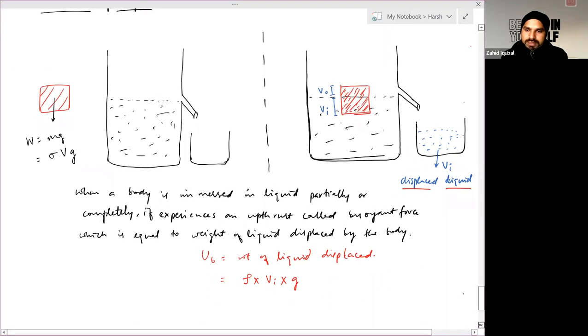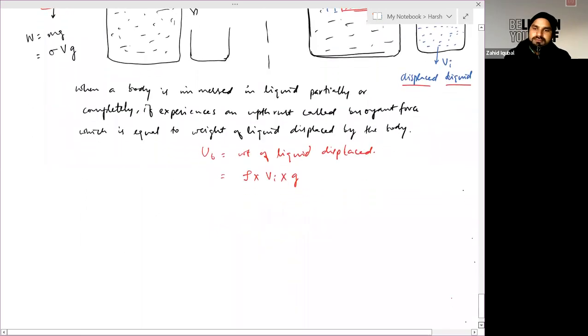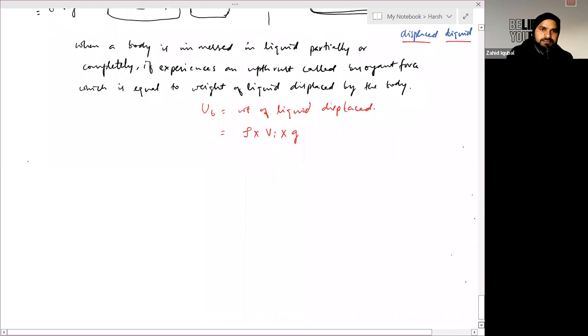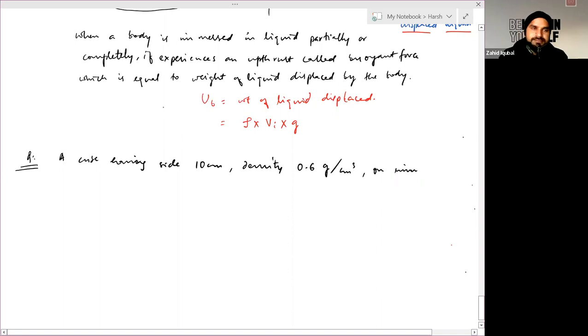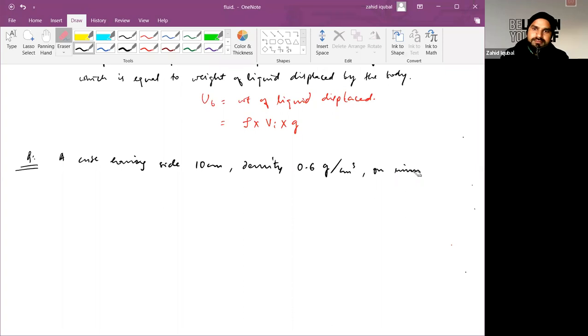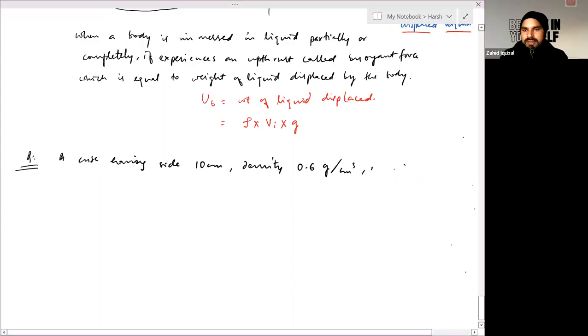Let me give you a question on how to calculate these two terms. A cube having side 10 centimeter, density 0.6 gram per centimeter cube, on immersing in water, is 3 centimeter outside.